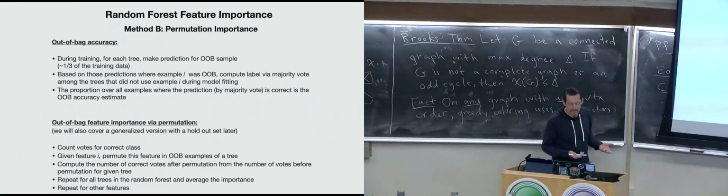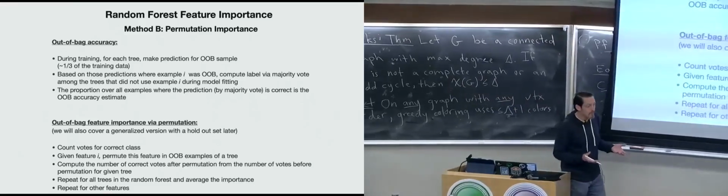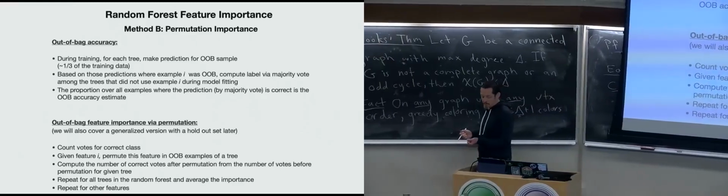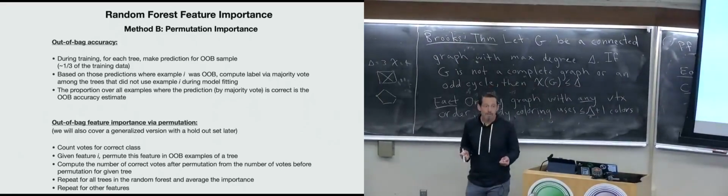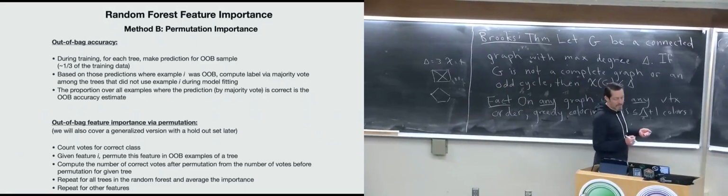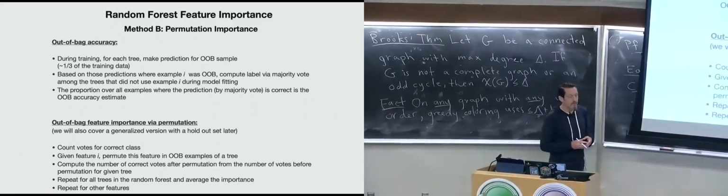Another method that is more useful in determining importance, and interestingly, it's a generic method that you can apply to any algorithm out there. It's not just trees and forests. It's called permutation importance.